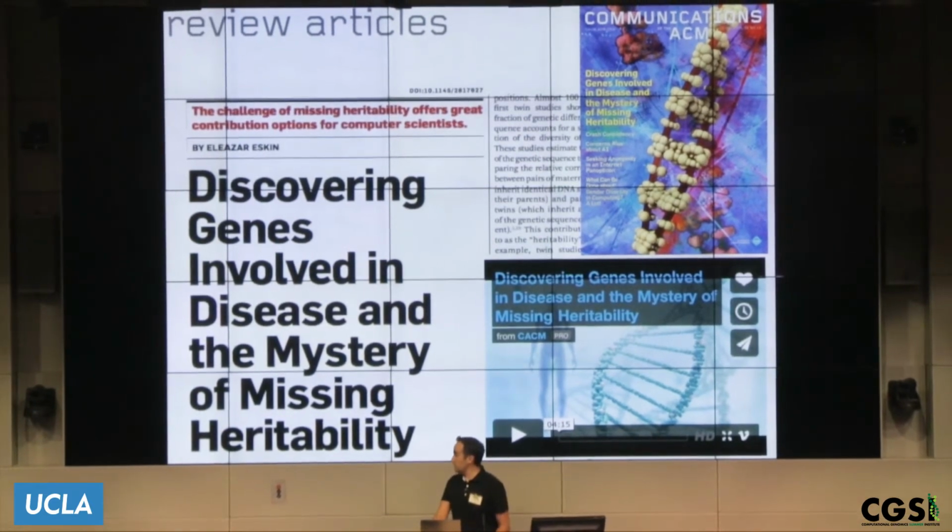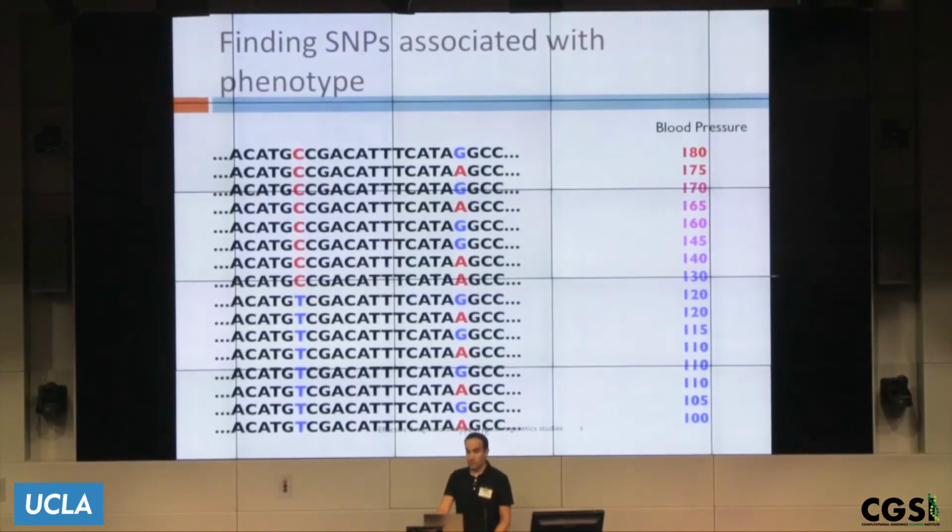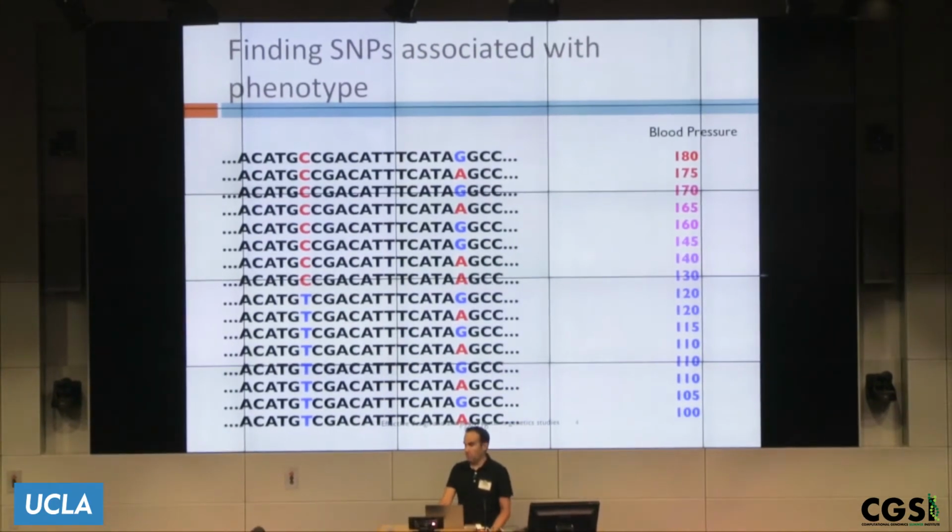Okay, so let's start with the real basics. What I'm interested in is finding SNPs that are involved in disease. Here's a toy example of this problem. Each line here is an individual, and they have a blood pressure.